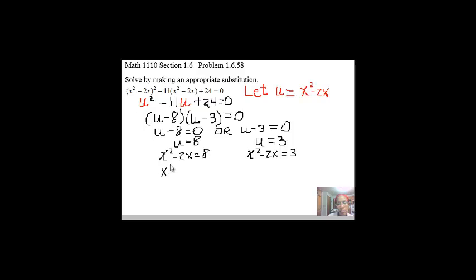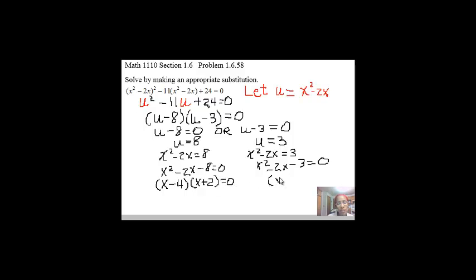So let's get a 0 on the right side of both of these equations. In the first case, I'm going to subtract 8 from both sides. In the second case, I'm going to subtract 3 from both sides of the equation. And I wind up with 2 quadratic equations. So this factors into x minus 4 times x plus 2 equals 0.